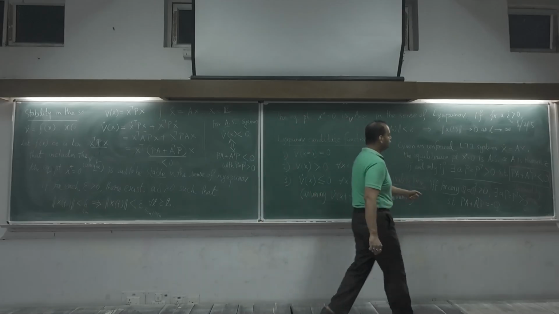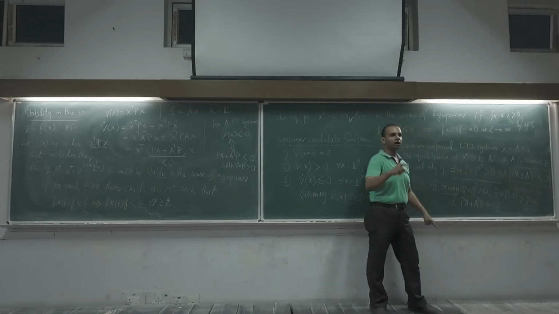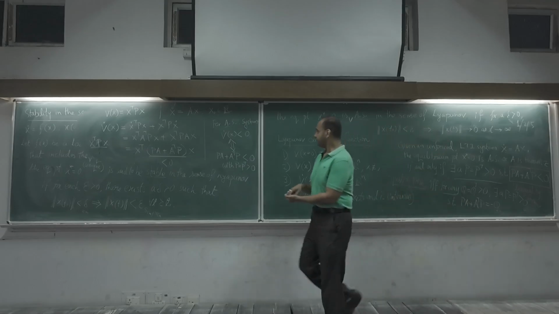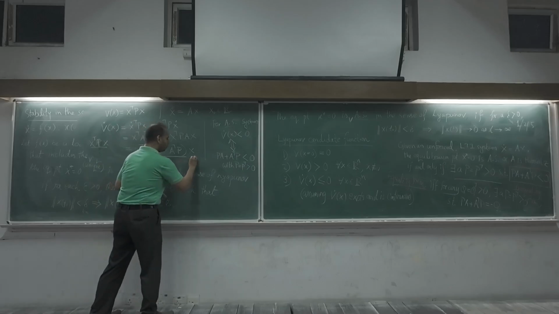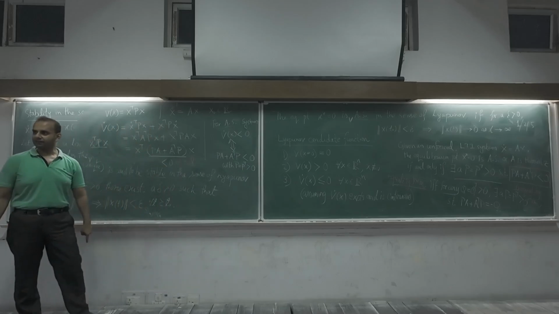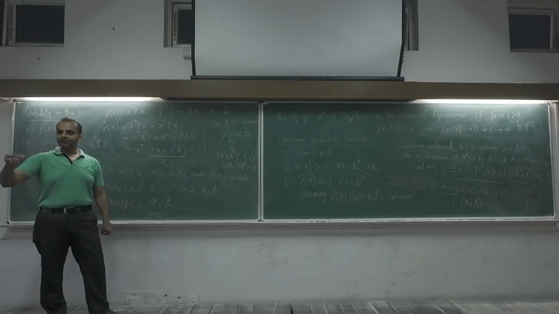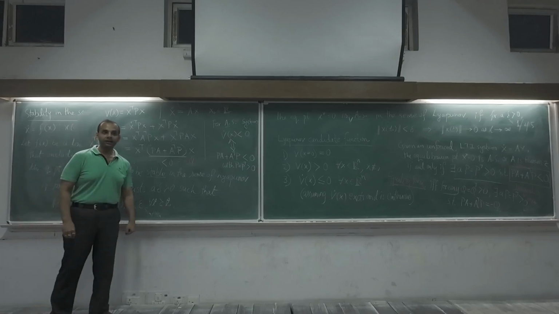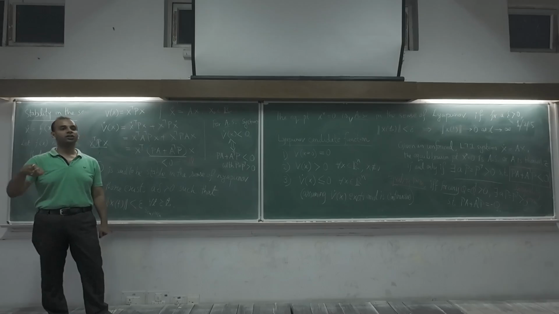Why does it have two versions? One is with respect to this inequality, and if you convert the same thing into an equality, you get the second one. That means PA plus A transpose P, suppose you equate it with minus Q, then as a whole it is negative definite. You convert it into an equality for ease and convenience in finding the solution, because it is always difficult to find the solution of an inequality rather than an equality.